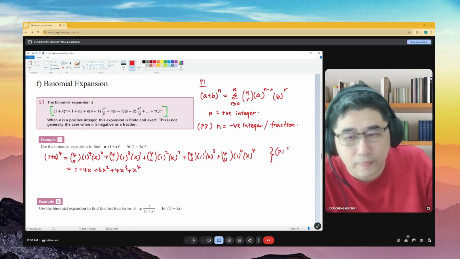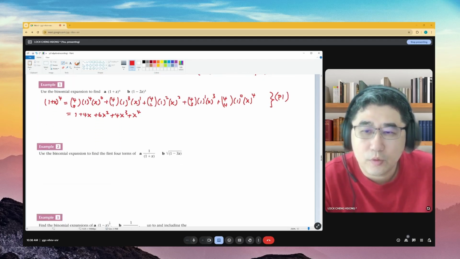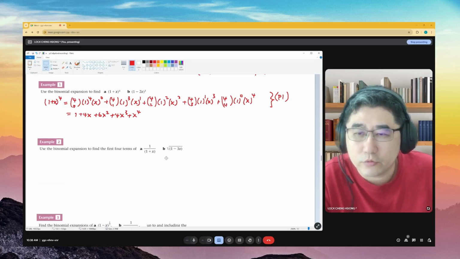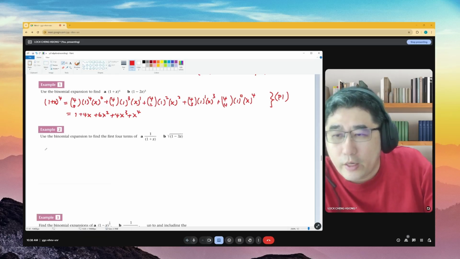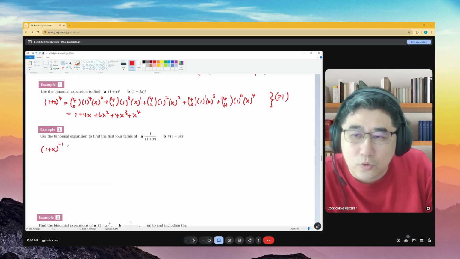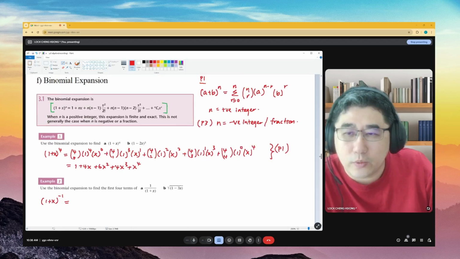Now let's look at what happens when we have a P3 type of question. If I have (1 + x)^(-1), as you can see, this power here is a negative integer, so we will use the formula in this way.